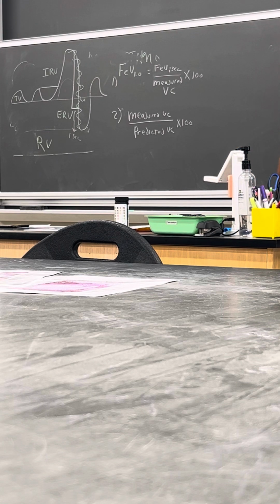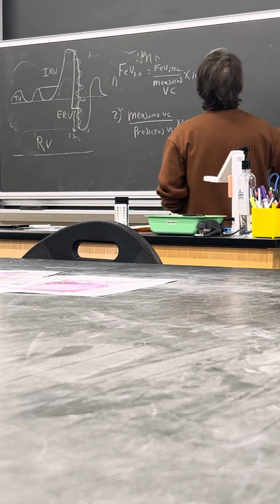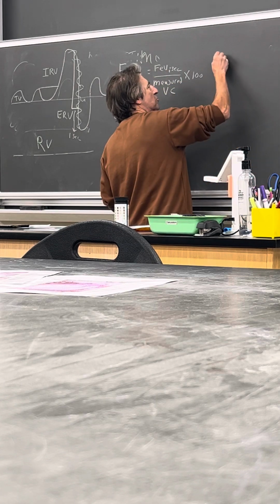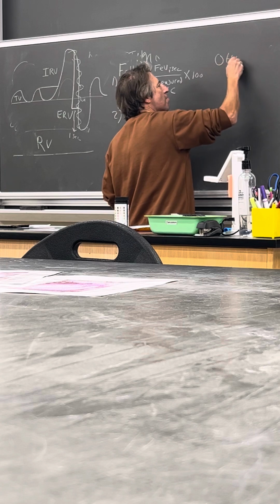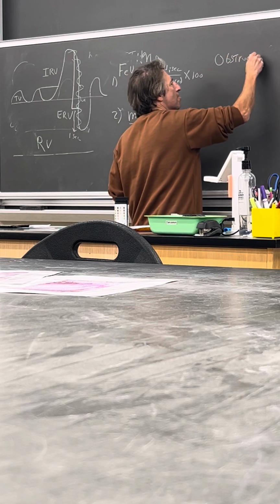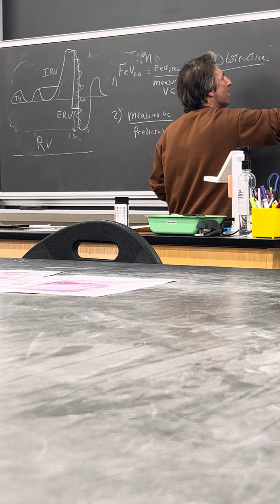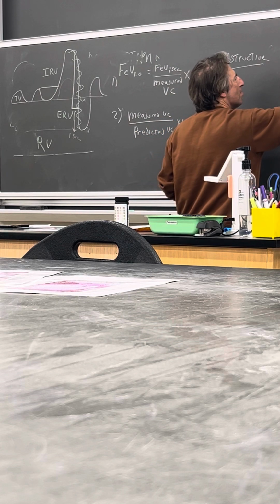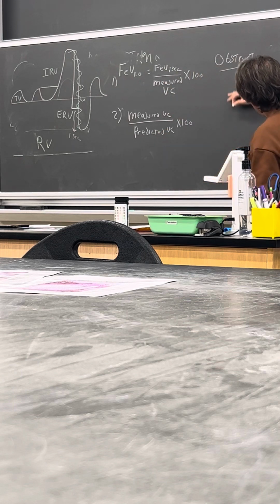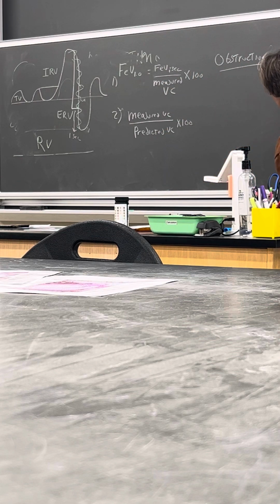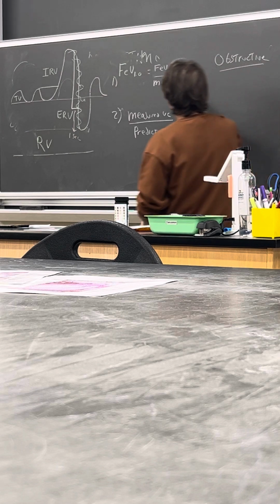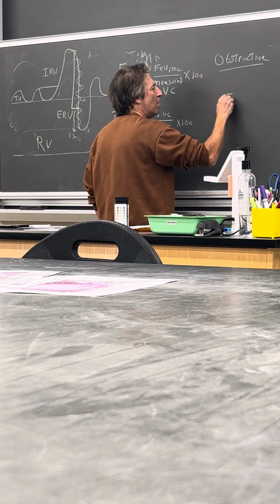calculating restrictive versus obstructive. For some reason I like to write obstructive first. I'll write obstructive lung disease versus restrictive. And I'm going to put a sentence to remind us of what this could be. But really look at these two equations because we're going to do above or below normal.